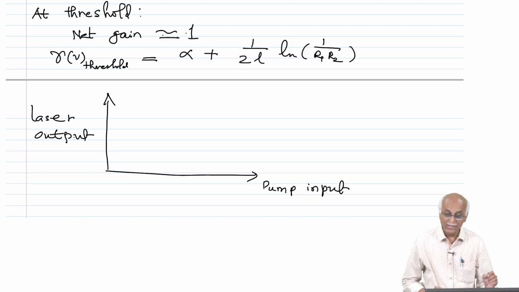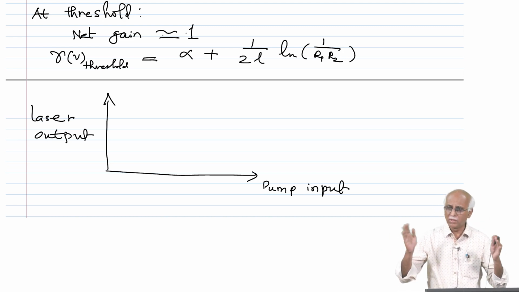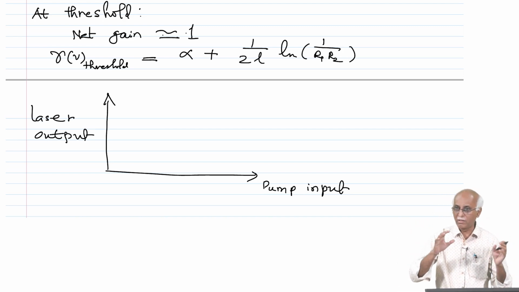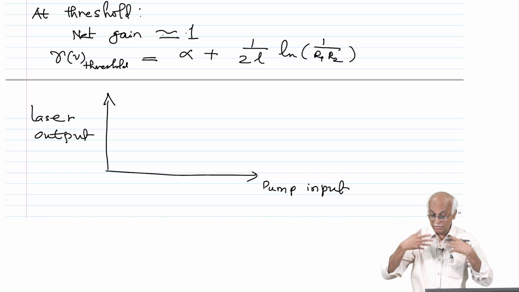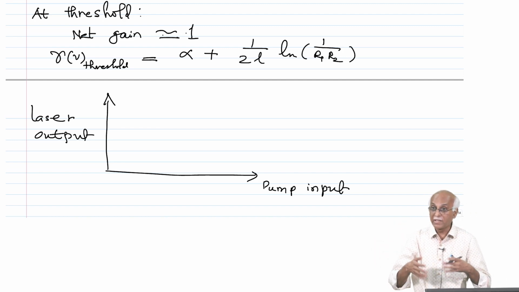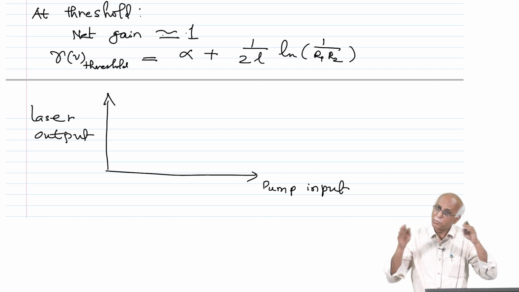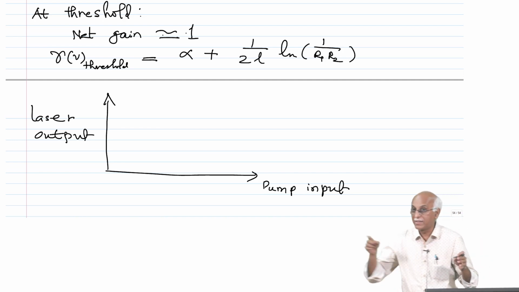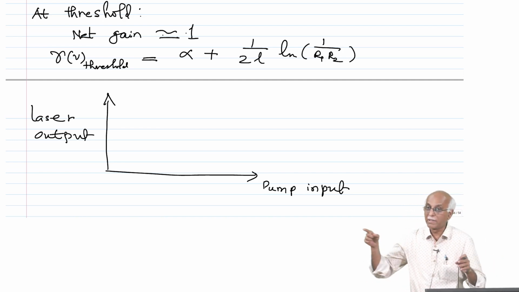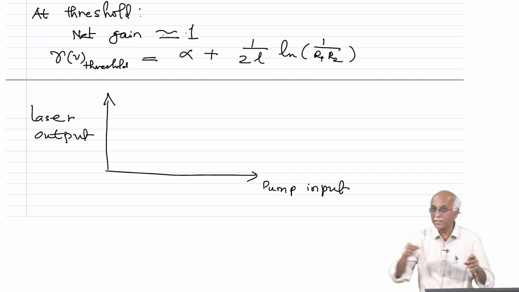Okay. Initially, when pump is exciting the medium, medium will start amplifying light at different wavelengths. It may have little broadband output depending upon its gain characteristics, etc. Whatever light is getting emitted, amplified light will start oscillating in the cavity.